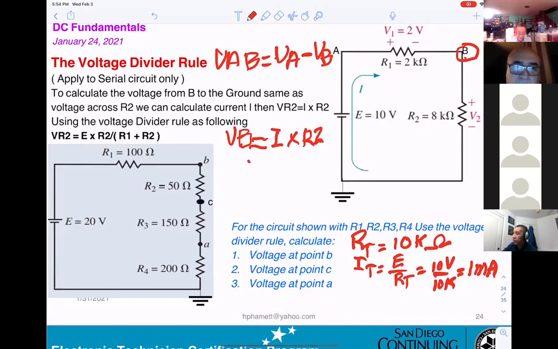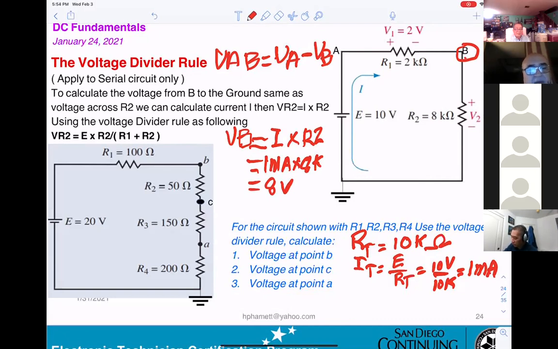That will be telling you 1 milliamp times R2 will be 8K. So you will get 8 volt. Is it correct? Yes. No, it's VAB. VAB is not 8 volt. Find the easy way to do first.